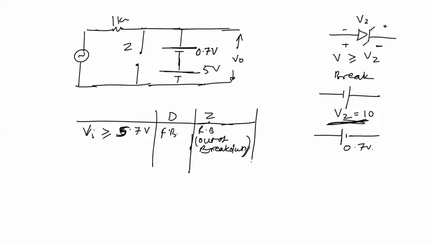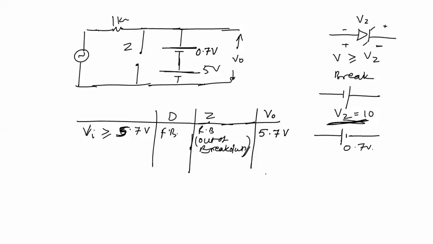Between the output terminals there are two batteries, a 5 volt battery and a 0.7 volt battery, so V0 will be equal to 5.7 volt. Now for Vi greater than 5.7 volt, for all voltages the output voltage will be equal to 5.7 volt. That is, the voltage across this Zener diode will always be 5.7 volt.